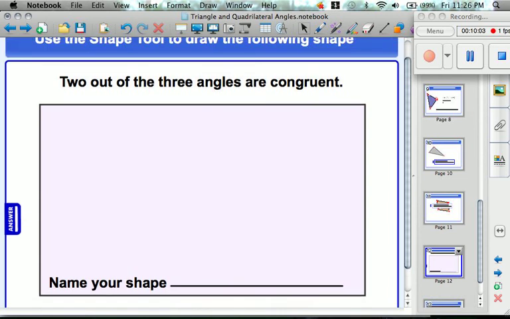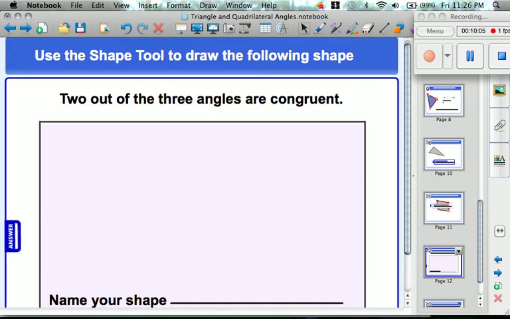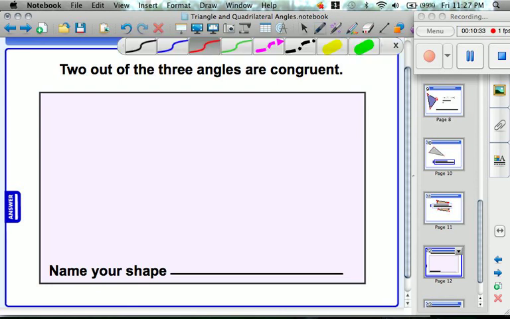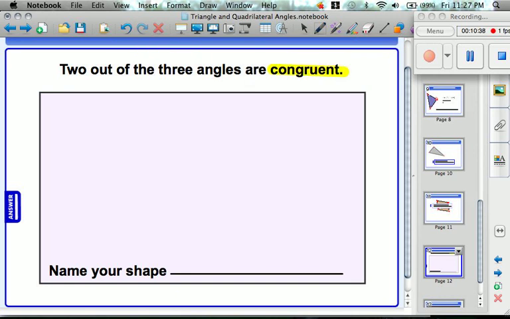Okay, so now let's think about some of the shapes that we will actually be working with, because understanding the shapes will sometimes make it easier or quicker for you to get the missing measurement of the angle. So let's start with triangles. I want everyone to work on 2 out of the 3 angles of your triangle being congruent.